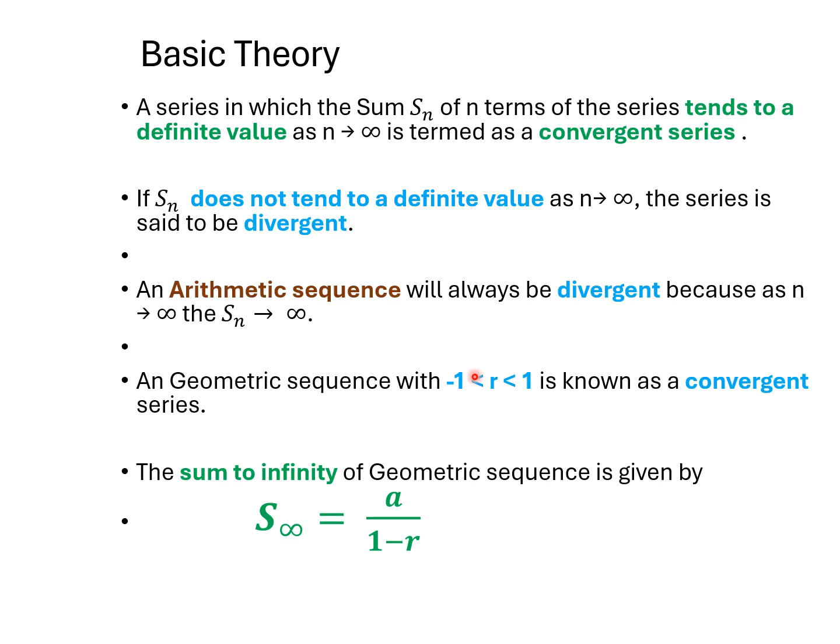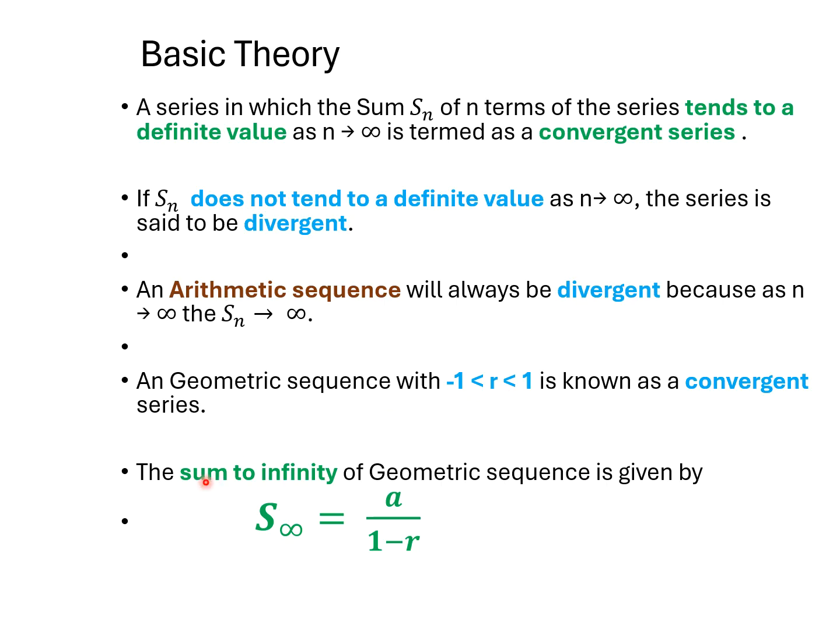If it's a fraction between 1 and negative 1, then the series is considered a converging series. Take note, we're working with r, so we're working with a geometric sequence. We're going to use that in the slides and videos to follow.